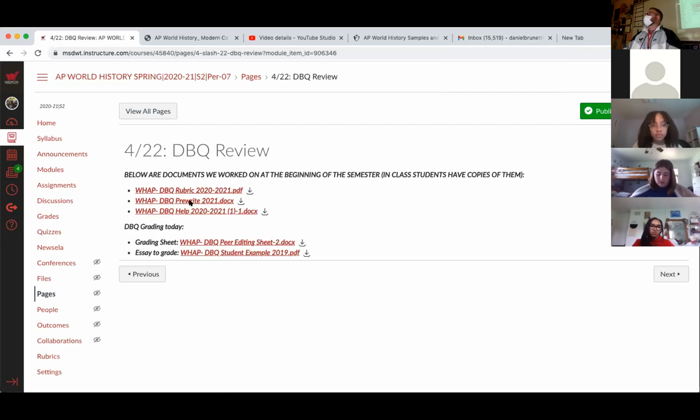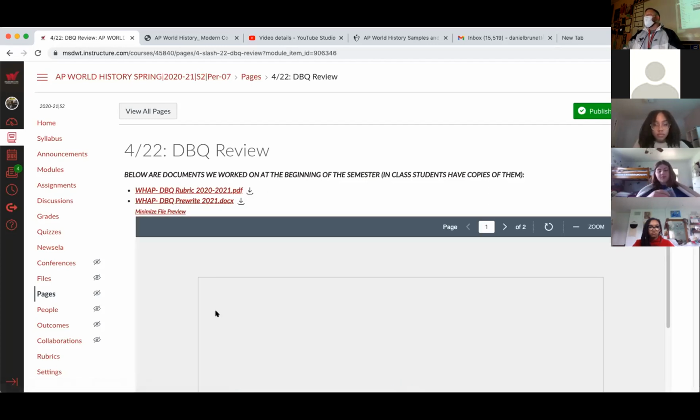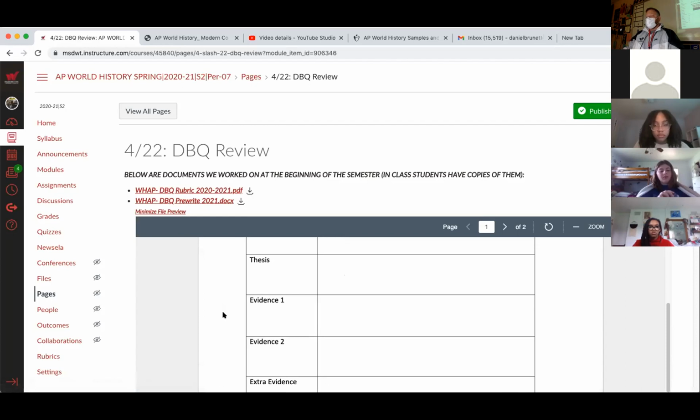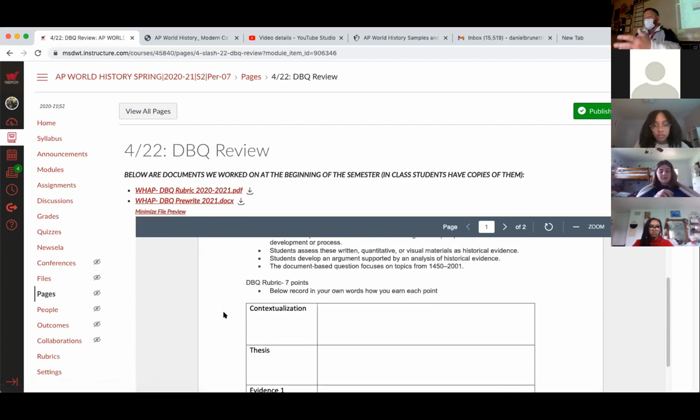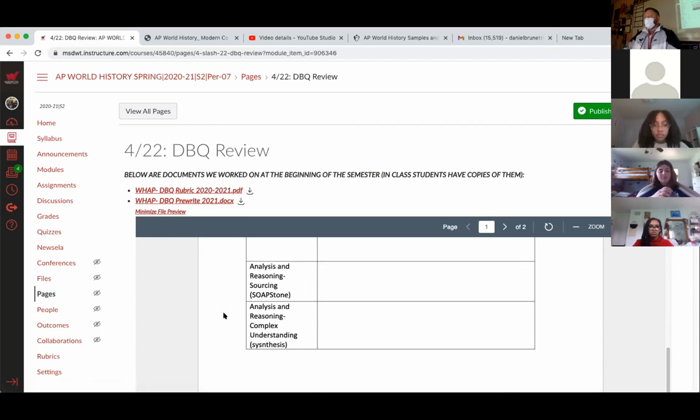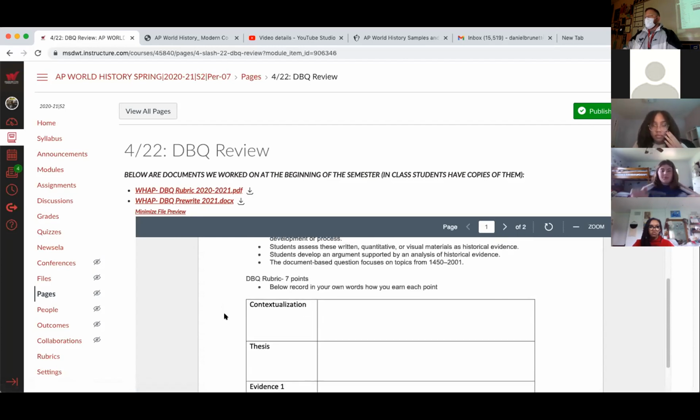For those of you in person, it's the one that looks like an empty graphic organizer. Okay, does everyone find that? So this pre-write basically gives you the way to get 7 points on a DBQ.